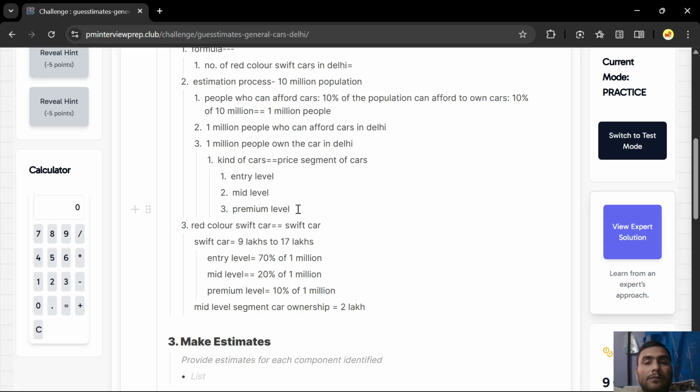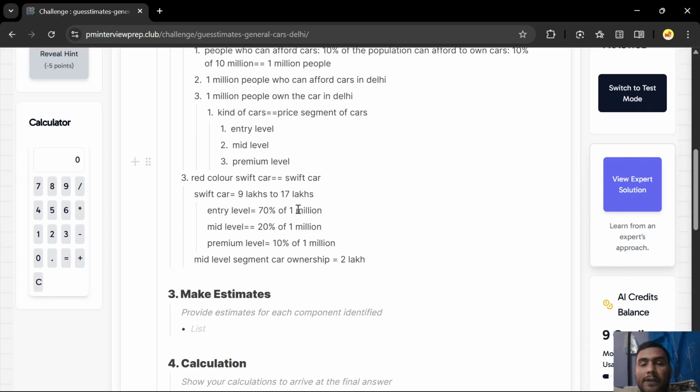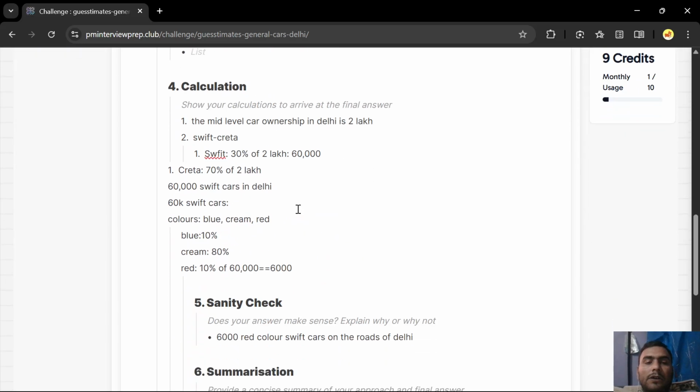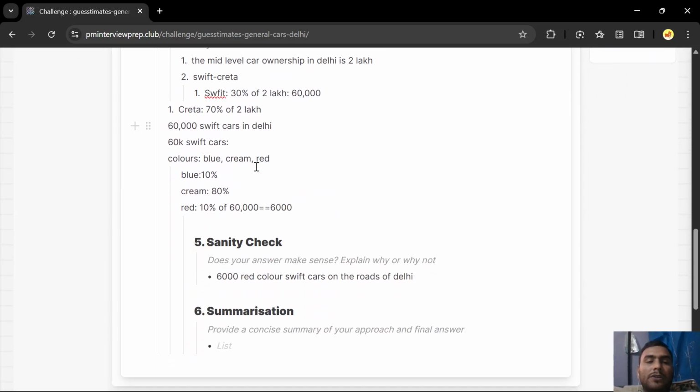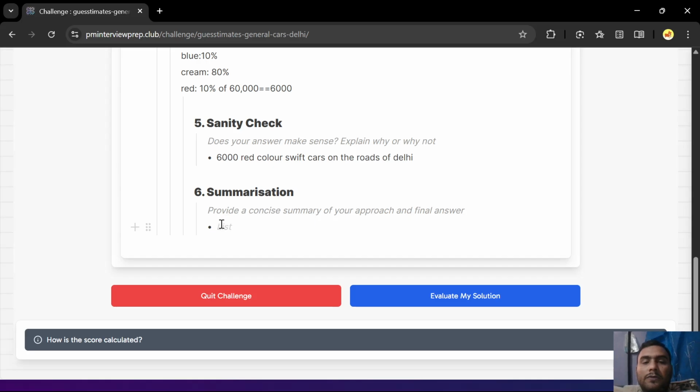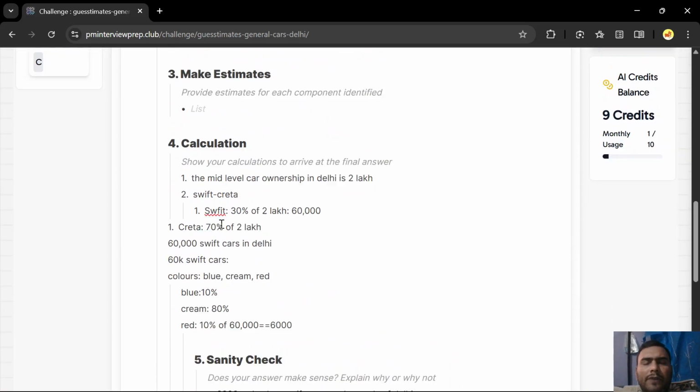And now we did the breakdown for the car part: we can divide into entry level, mid level, premium level. After that, we did a color-wise segmentation breakdown for the cars: blue color, green color, and red color. And from that, we found 6,000 to be the number, and that would be my final answer.